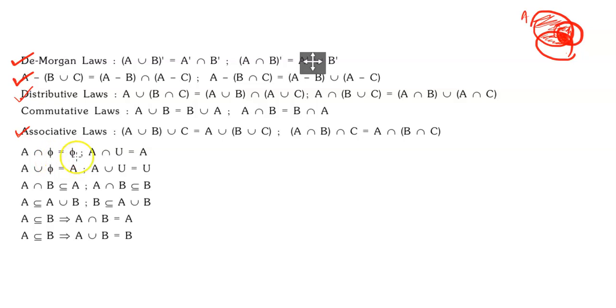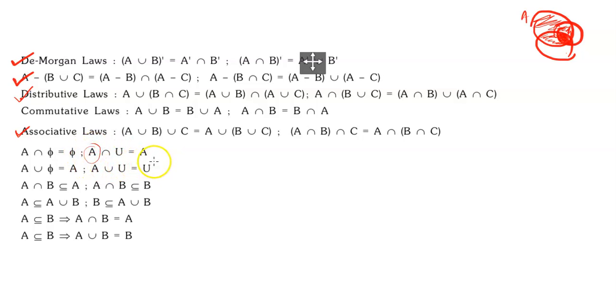Anything intersection with phi has to be phi. If you intersect anything with phi, it's basically phi because the common element is phi, and if you intersect anything with the universal set, it is basically the set itself, right?